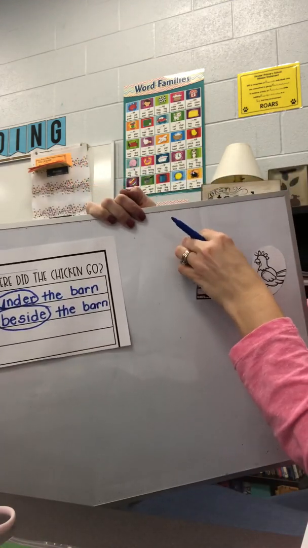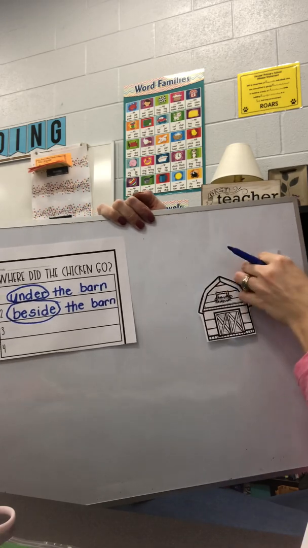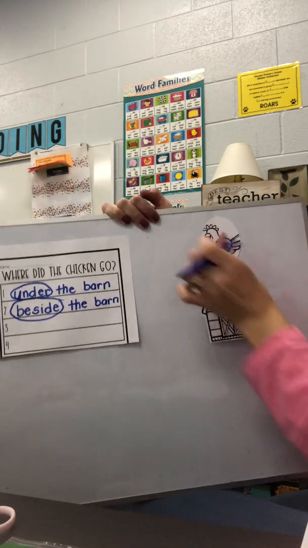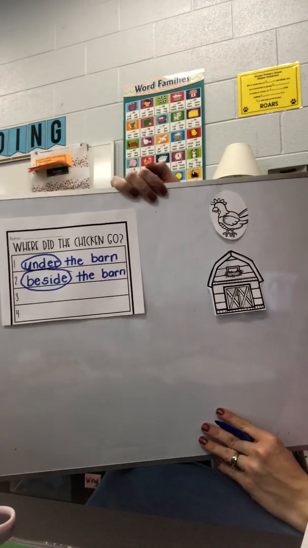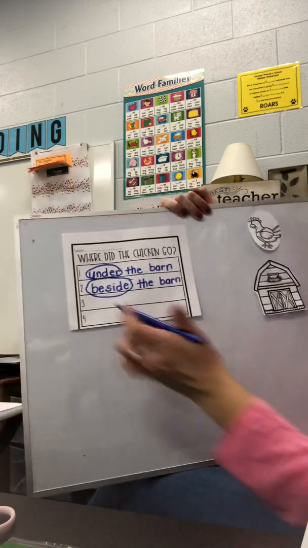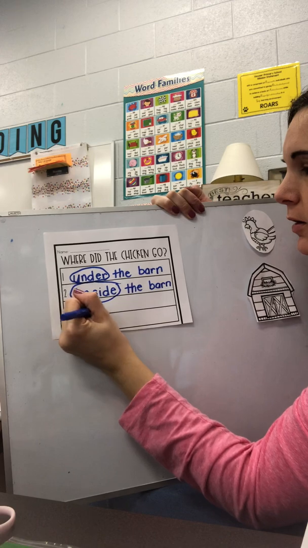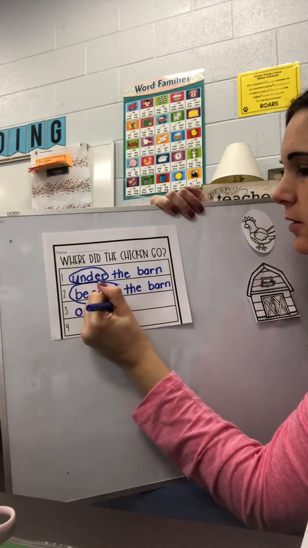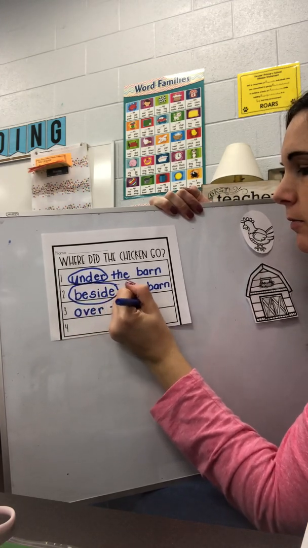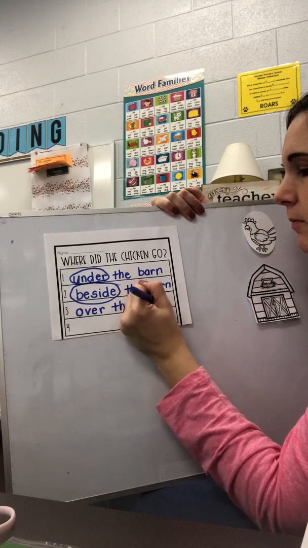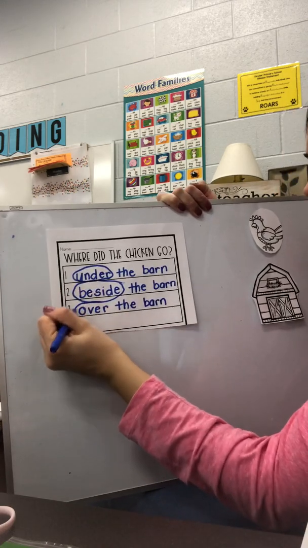Okay? What if I say the chicken is right here? We could say the chicken is over the barn. And over is a preposition.